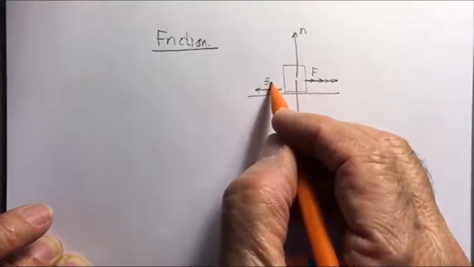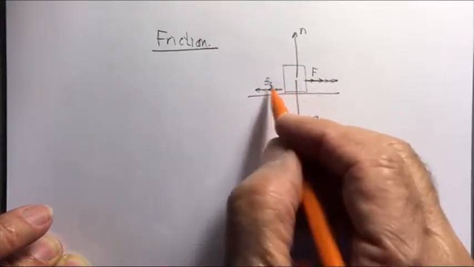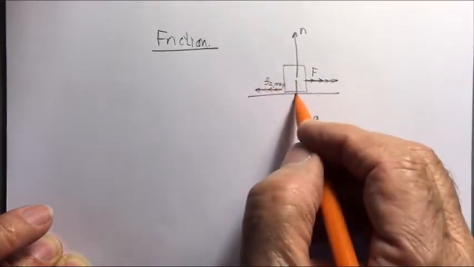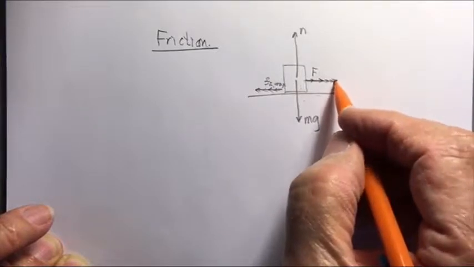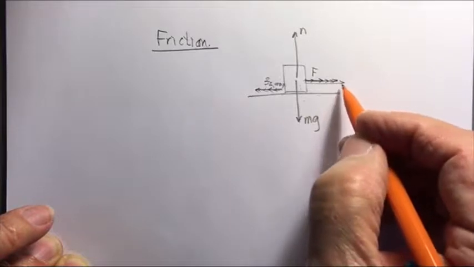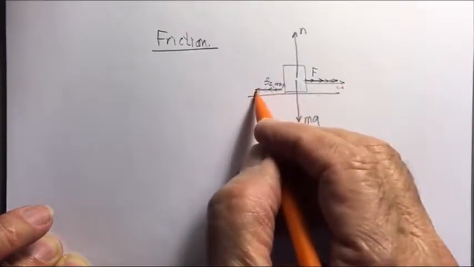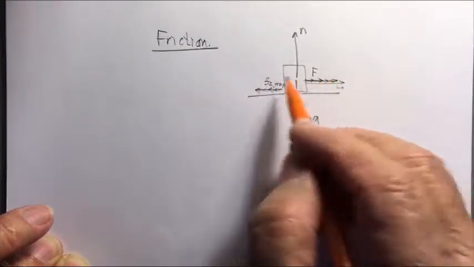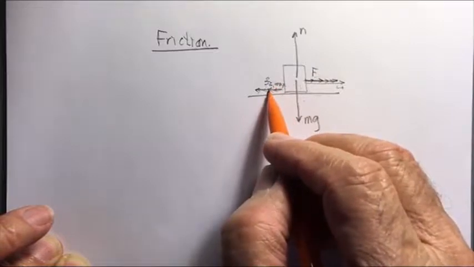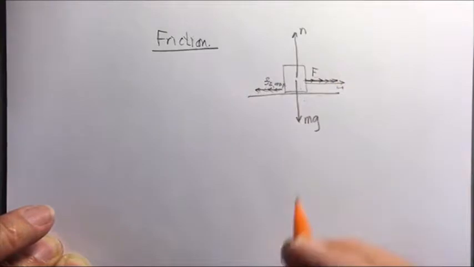We call it static friction because it's not moving yet, and max because it's the maximum static friction we can have. Once the force exceeds this value, the force is bigger than the maximum possible friction, so there's a net force in the positive direction, and the whole thing starts moving forward.